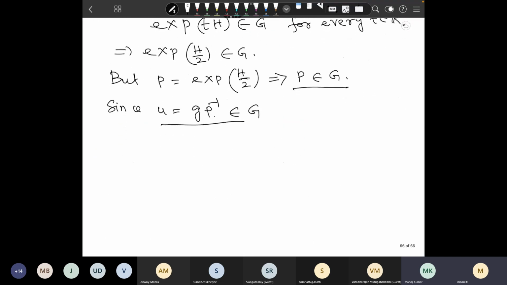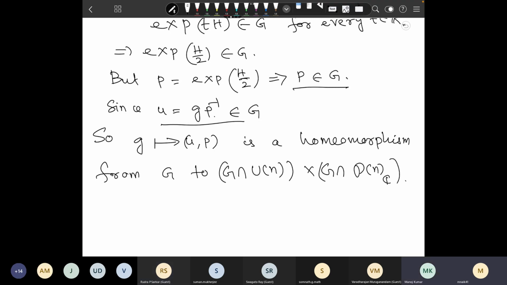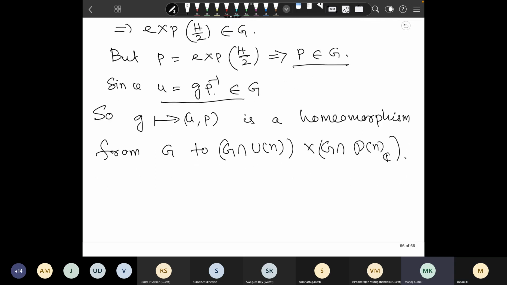So let us write that: the map g going to (U, P), where g is UP, is a homeomorphism from G to G intersection UN cross G intersection PNC. Is there any doubt? Pritam, is it clear? Yes, so this is clear.